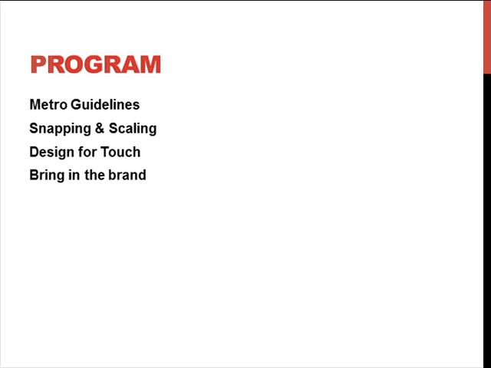And the last one, which is also very important if you're building applications for brands or for companies that have high marketing campaigns or a very nice house style, is how you can bring the brand into a Windows 8 application and how you can apply creativity into a Windows 8 application.